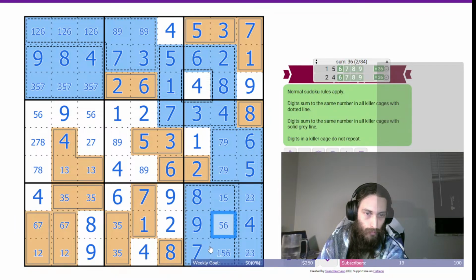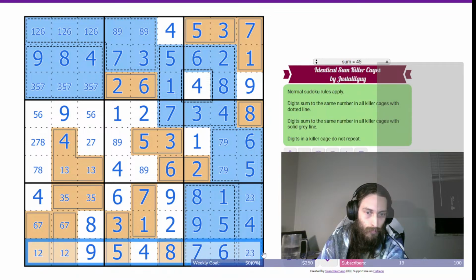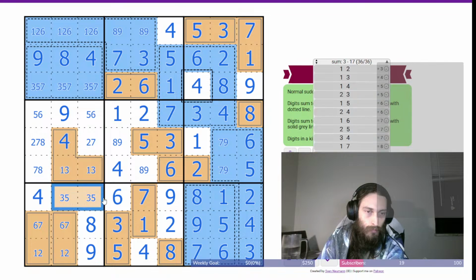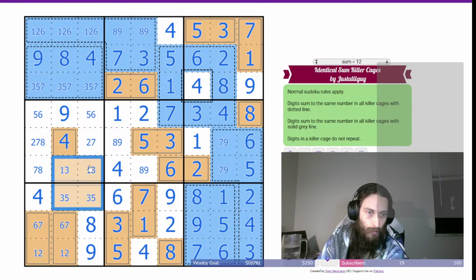Seven, this is that. 1, 2 in row 9. This is 3. And that. Oh, threes.